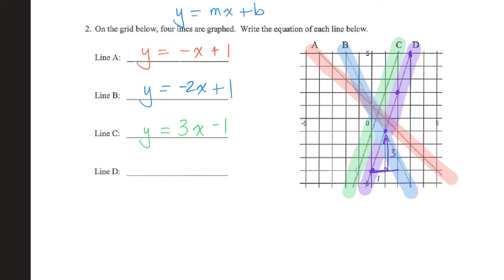Like maybe I went over 2 and up 6. But we notice that if I divide my 3 by 1 or my 6 by 2, I'm going to end up getting a slope of 3. So my equation has a slope of 3 and a y-intercept at -4.